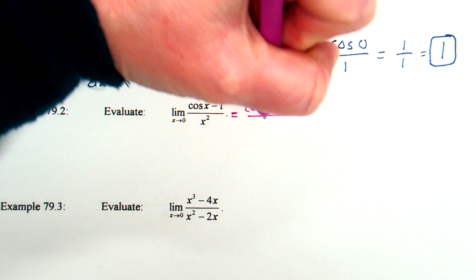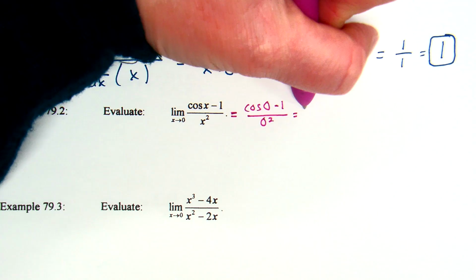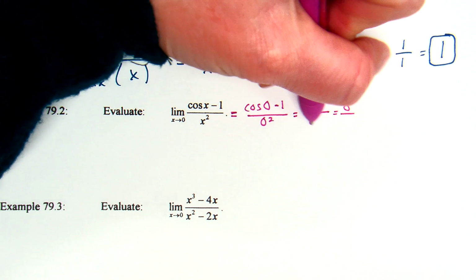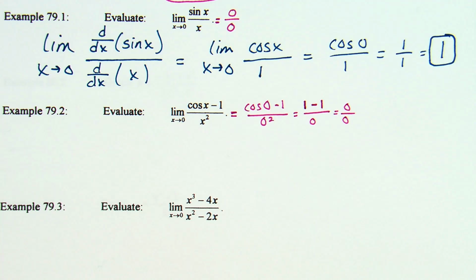So we'd be doing cosine of 0 minus 1 over 0 squared. Well, we just talked about cosine of 0. That is 1. And 1 minus 1 is 0 on top. 0 squared is 0. And we have 0 over 0, which is the indeterminate form you find most often, to be honest. Okay?